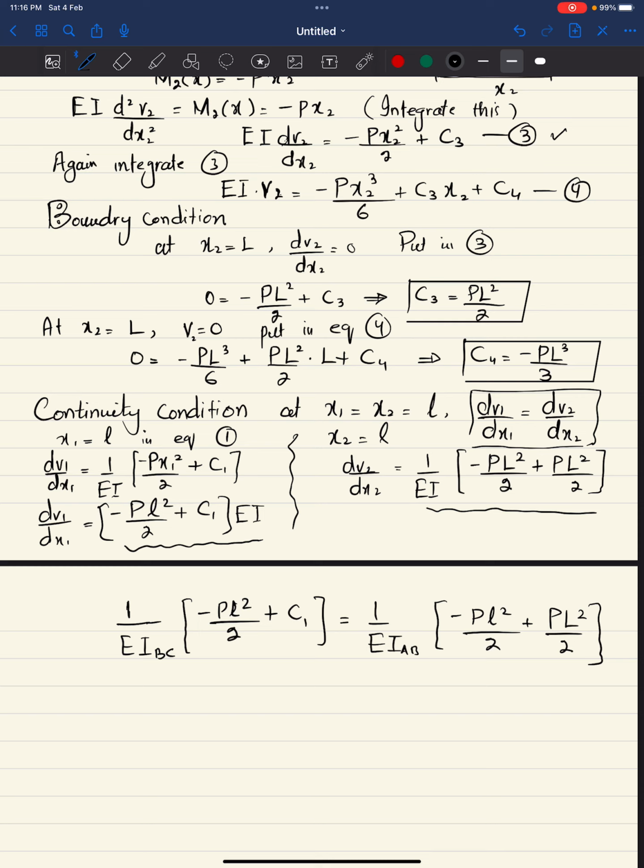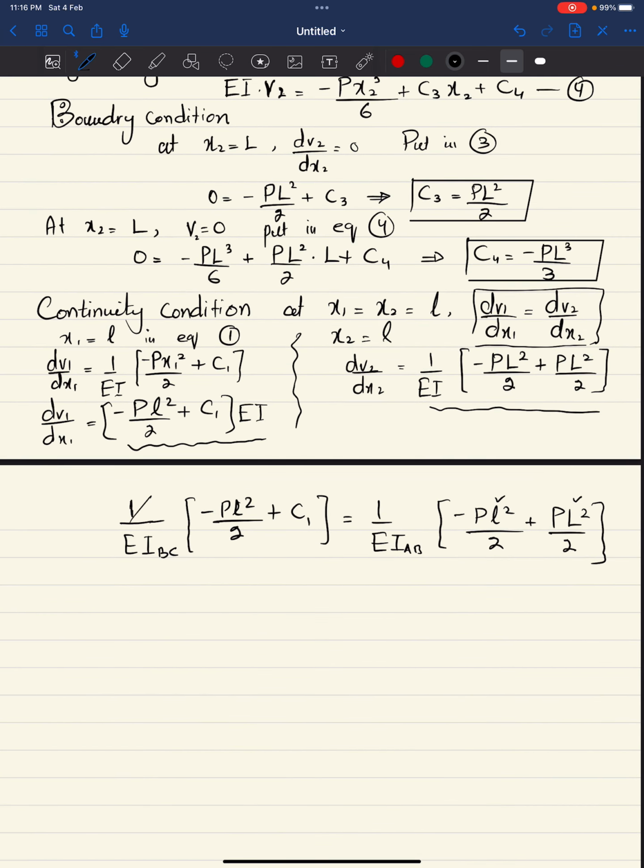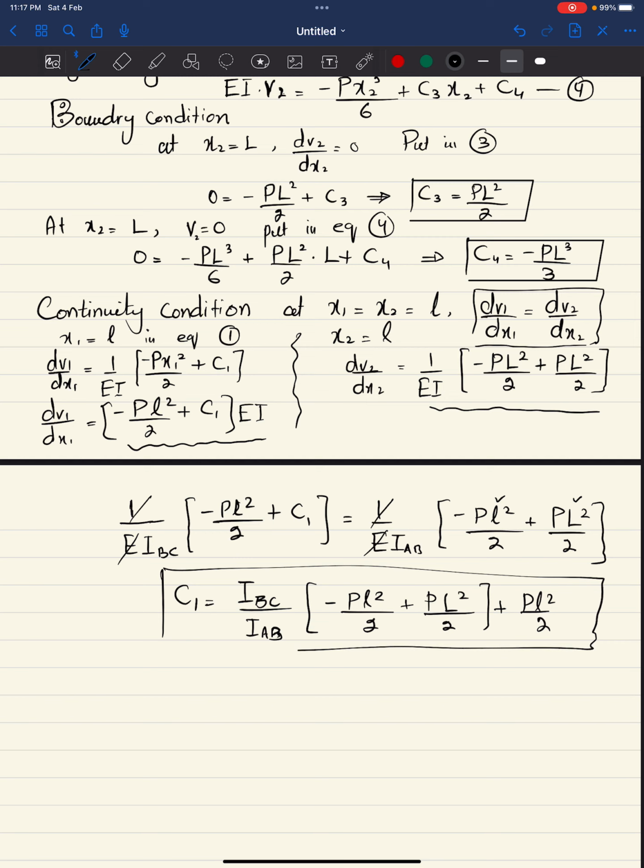Let me check it. You can see this is small l and this is capital L. After solving this, 1 over E will cancel with each other, so we will be left with C1 equal to IBC over IAB into minus P l square over 2 plus P capital L square over 2 plus P l square over 2. So this is the value of C1.